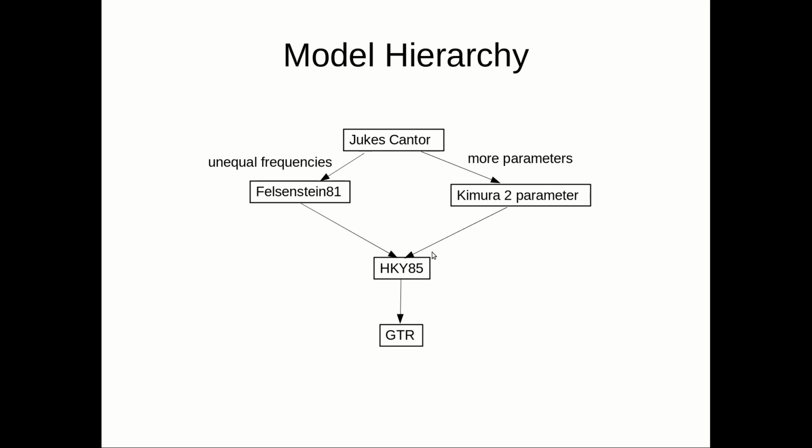Finally, we ended up by relaxing the assumptions on the rates with the GTR model. And of course, in between there are other named models as well as unnamed models, depending on the number of distinct rates they contain.